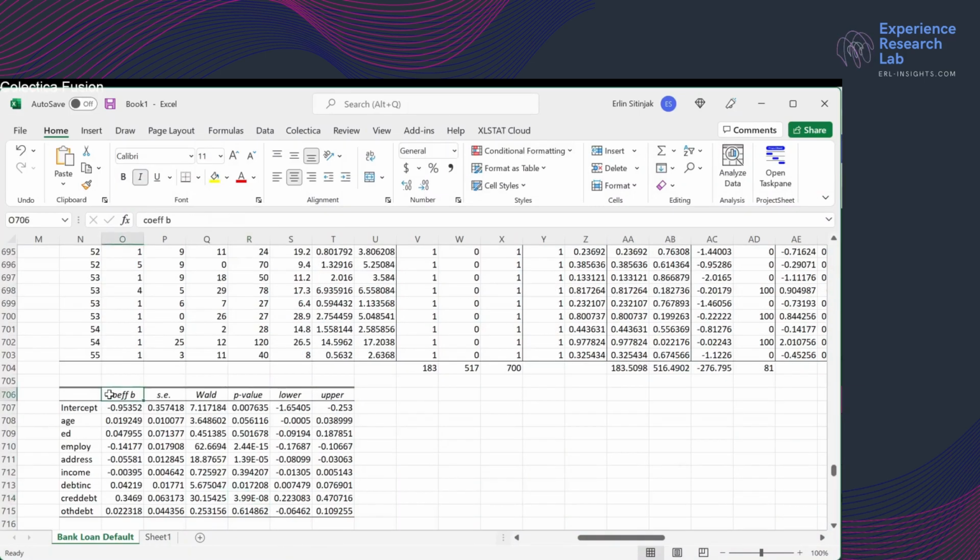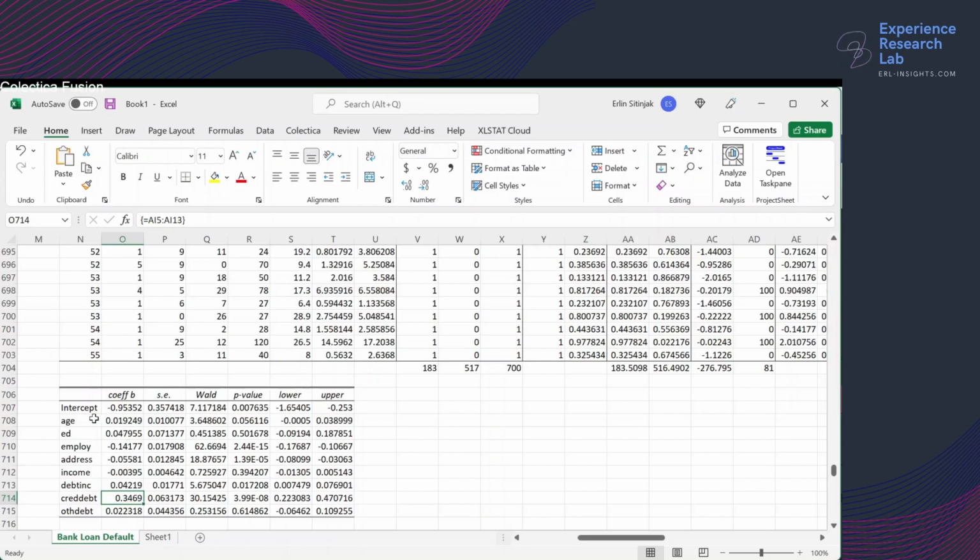Looking at the coefficients in this table, I can say that the likelihood to default on bank loans has a positive relationship with age, level of education, debt to income ratio, credit card debt, and other debts. So the higher the credit card debt, the more likely someone is to default on his bank loan.